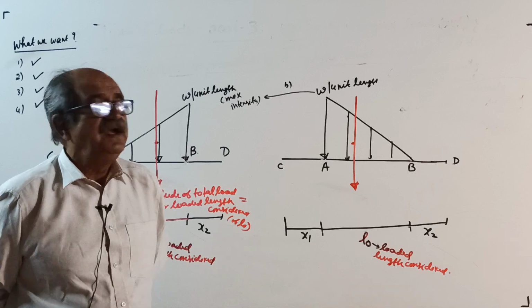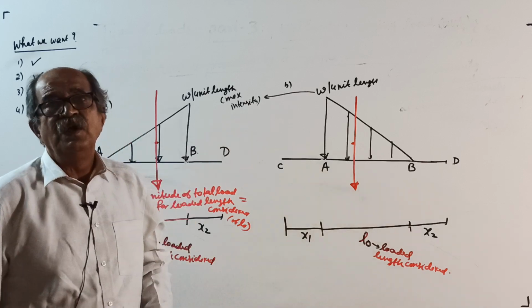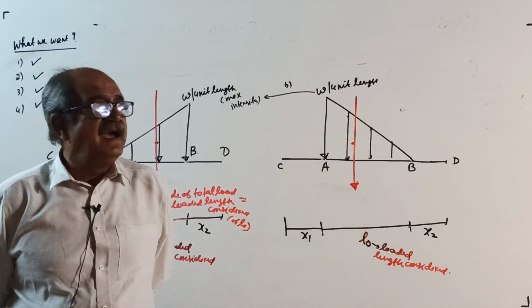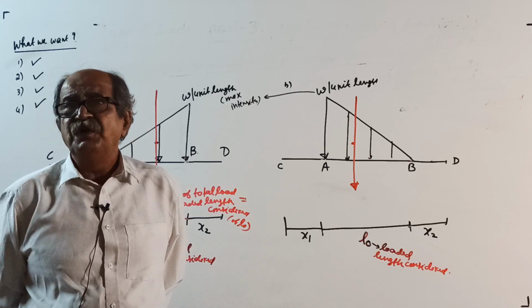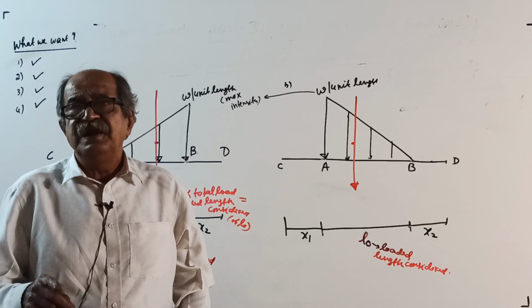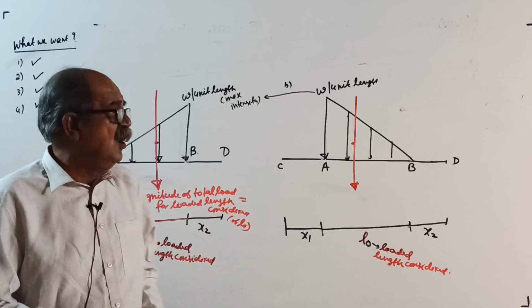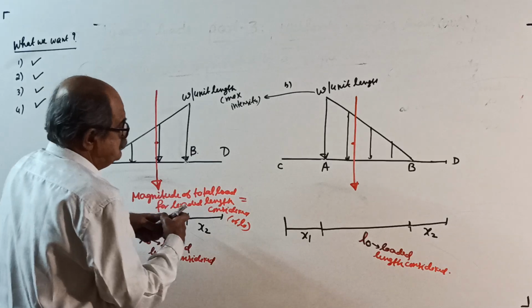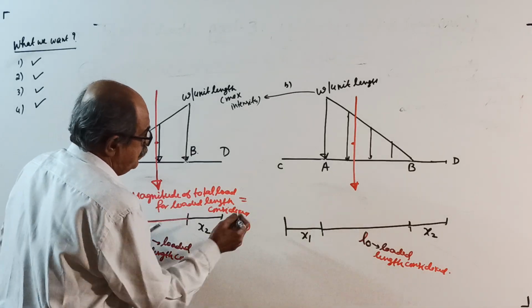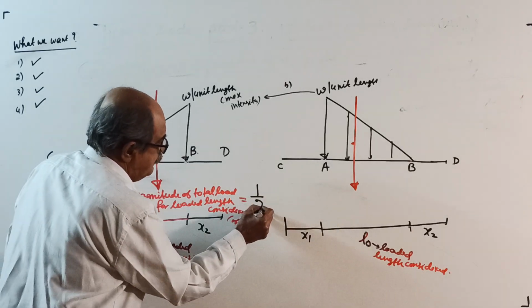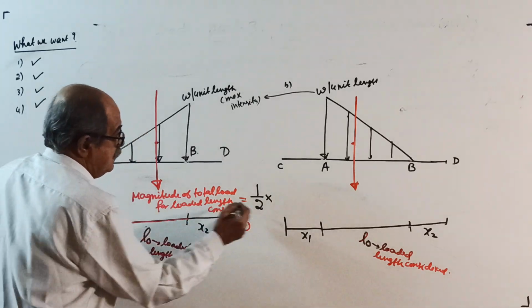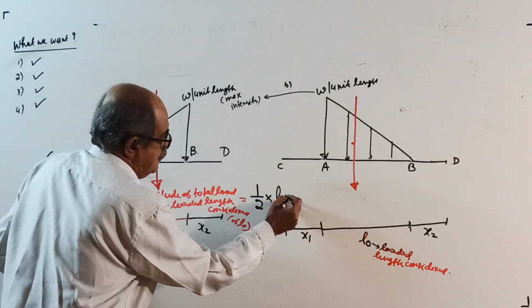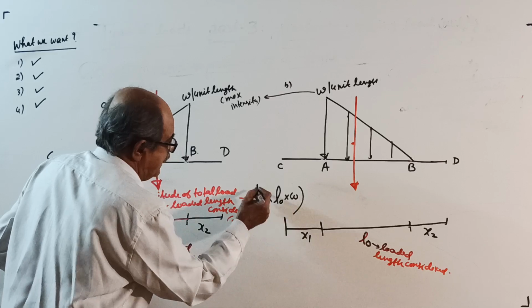Area is not considered. But for uniformly varying load, whether you represent it by a triangle or trapezium, whatever you do, you just write given by area of loaded diagram equal to half into L0 into W. Put a bracket.